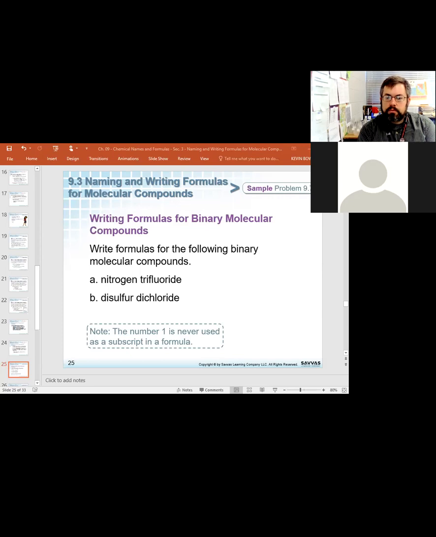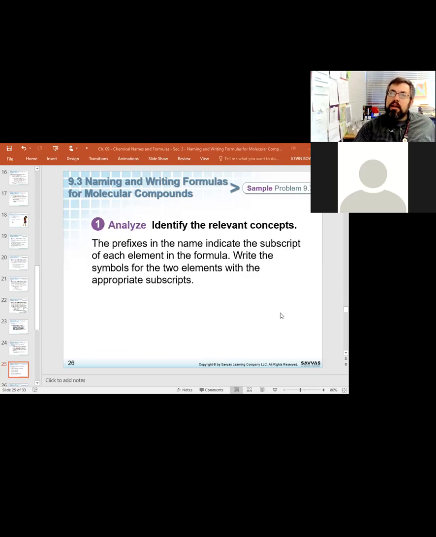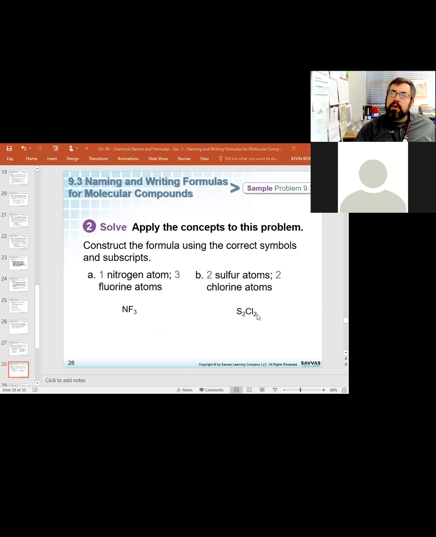And again, you want to make sure that your l is lowercase. The second letter in an element name is always lowercase. And here we go. That would be the answer right there, here on slide 28, S2Cl2.